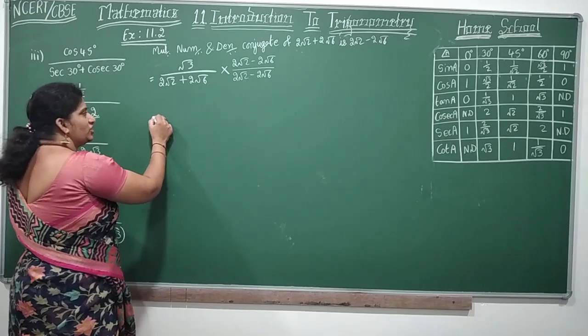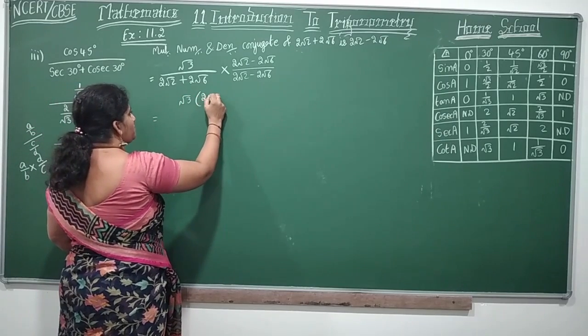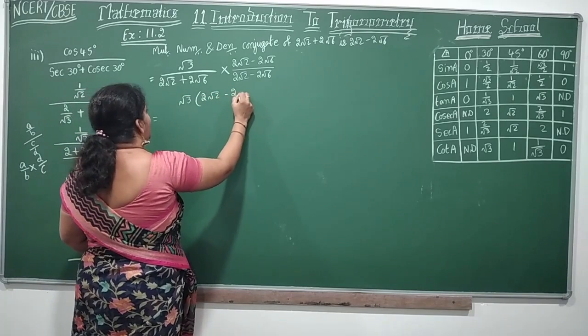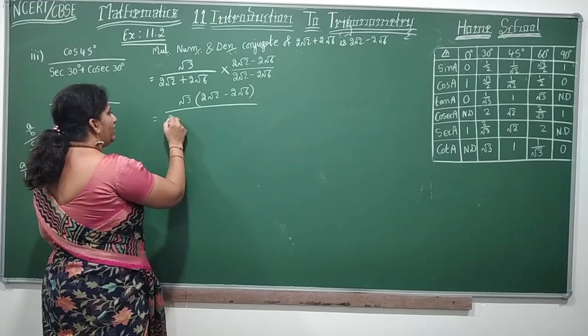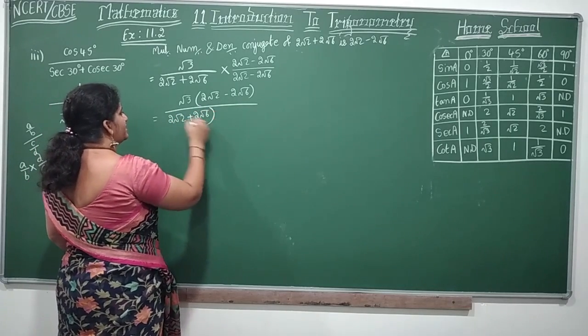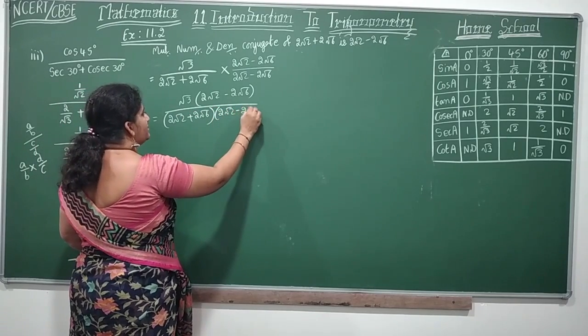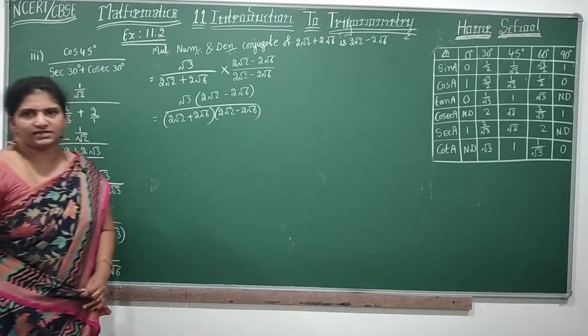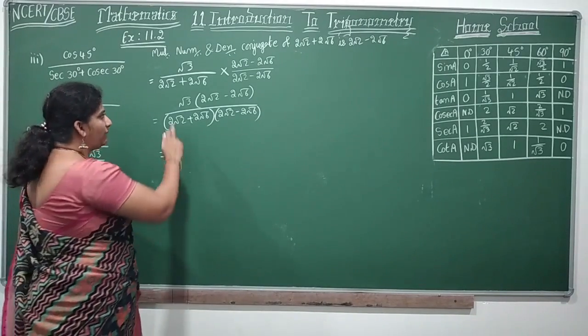Observe this carefully, children. Numerators again multiply: 2 root 2 minus 2 root 6 whole, divided by 2 root 2 plus 2 root 6 into 2 root 2 minus 2 root 6.